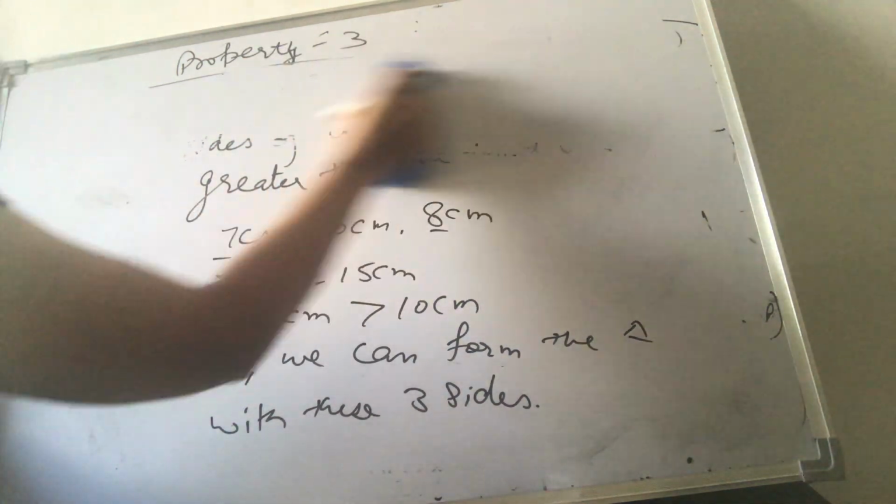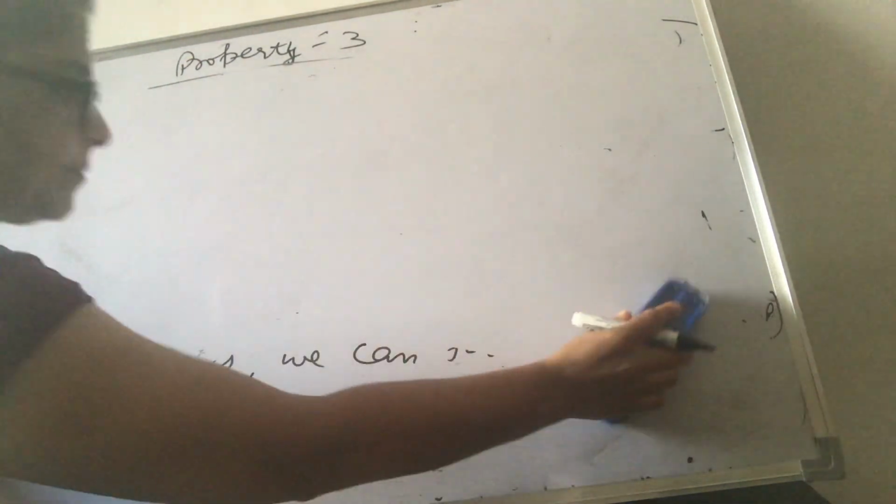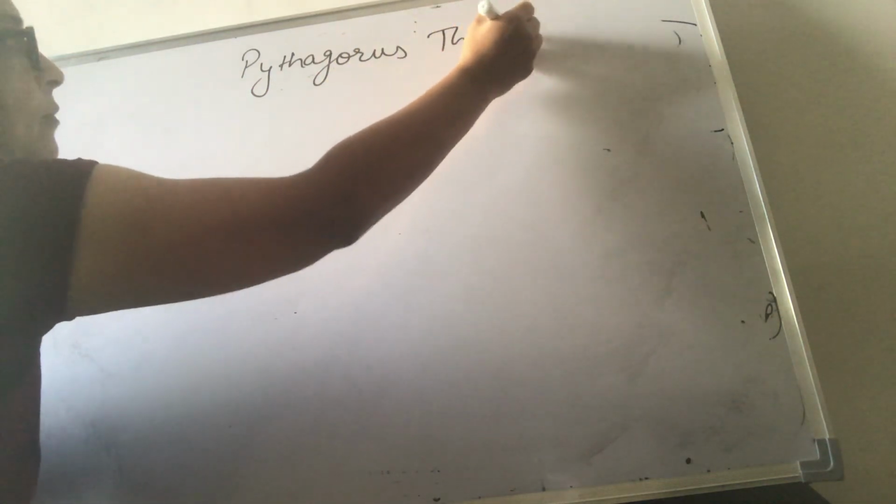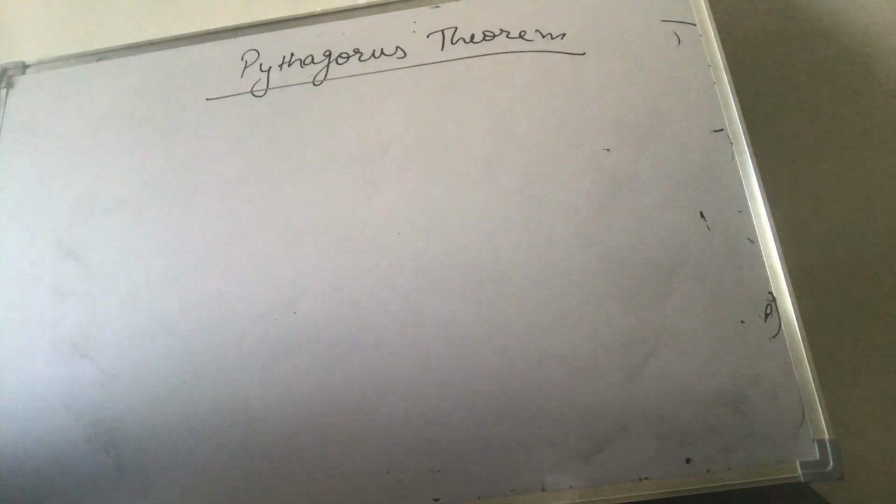Now the next property, that is called Pythagoras theorem, that we are doing for the first time. We know there are three types of the triangles according to the angles.